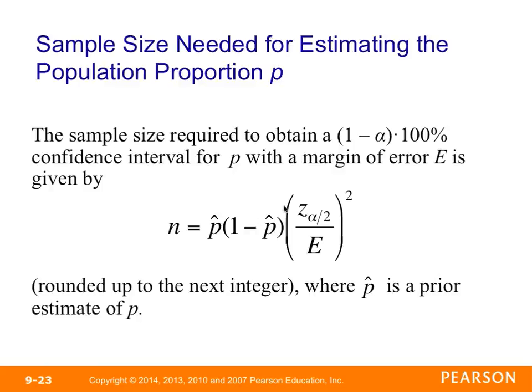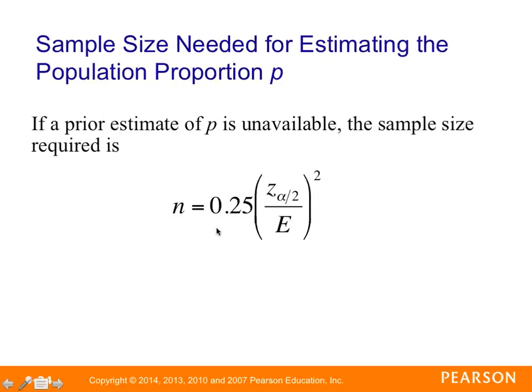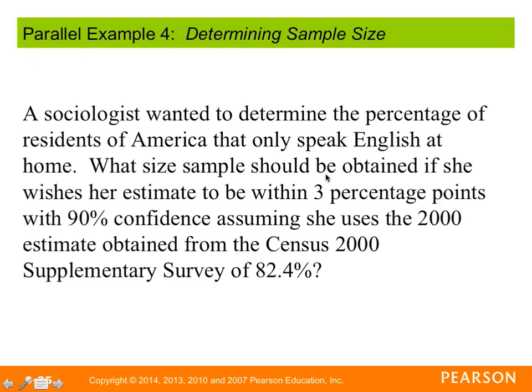So it's still the same formula, but it's just for p hat equals 0.5. So if you did 0.5 times 1 minus 0.5, you'd get 0.25. So that's where this number comes from. So N is just equal to 0.25 times z alpha over 2, so our critical value, divided by our margin of error, and then that quantity is squared. And again, you round up.